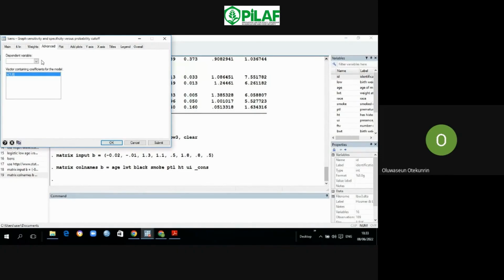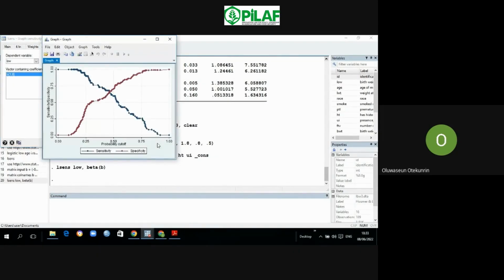So again, our dependent variable is low. So specify that, select low as your dependent variable, and then submit. If you submit, you see the graph of sensitivity and specificity. On the x-axis, you have the probability cutoff.